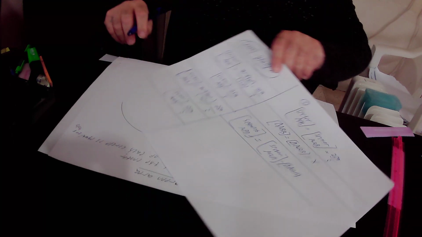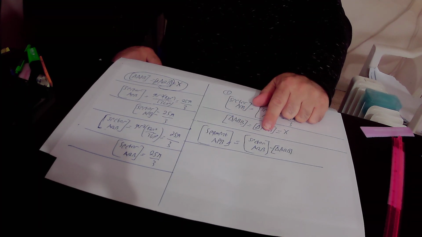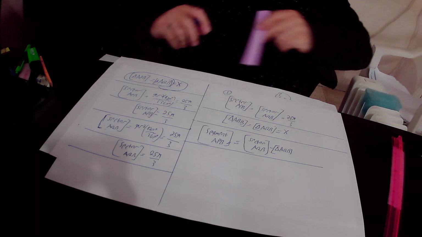I'll repeat again. The area of segment APB will be equal to the area of sector AQB minus the area of triangle AQB. Okay?